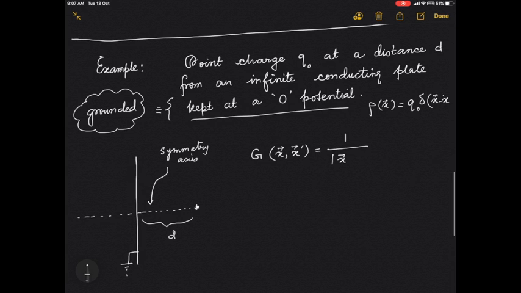This is q naught times delta x minus x1. x1 is related to the position of the charge. So we have to really choose an origin for this coordinate system, and then we can talk about what that is in terms of the origin.